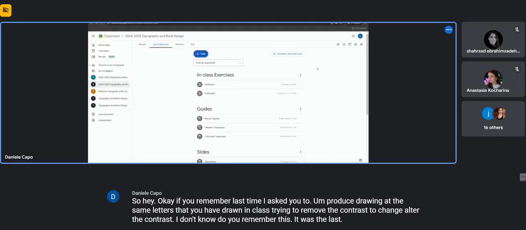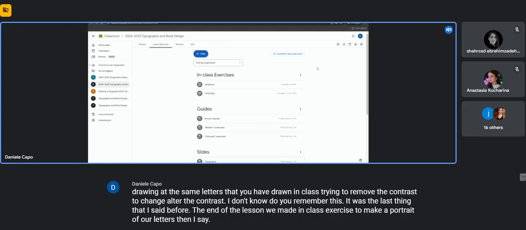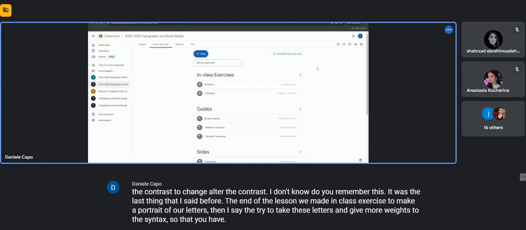It was the last thing that I said before the end of the lesson. We made an in-class exercise to make a portrait of our letters. Then I said, try to take this letter and give more weight to the thin part so that you have letters with decreased contrast.